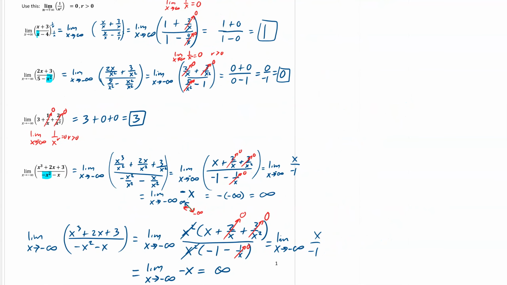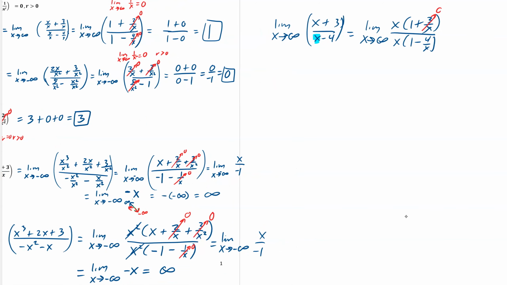So if I do the top one again the same way, we do the limit as x approaches infinity of x plus 3 over x minus 4. Our denominator has again an x to it. So if we factor that out, we get the limit as x approaches infinity of x times 1 plus 3 over x, over x times 1 minus 4 over x.